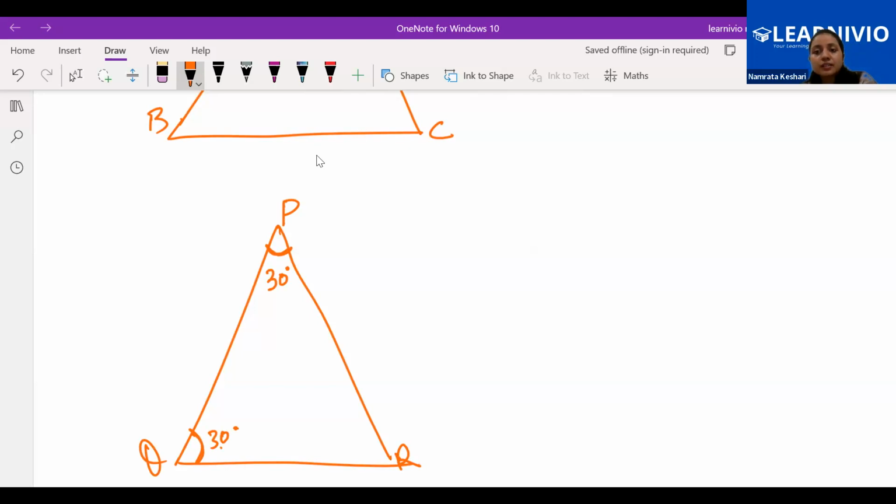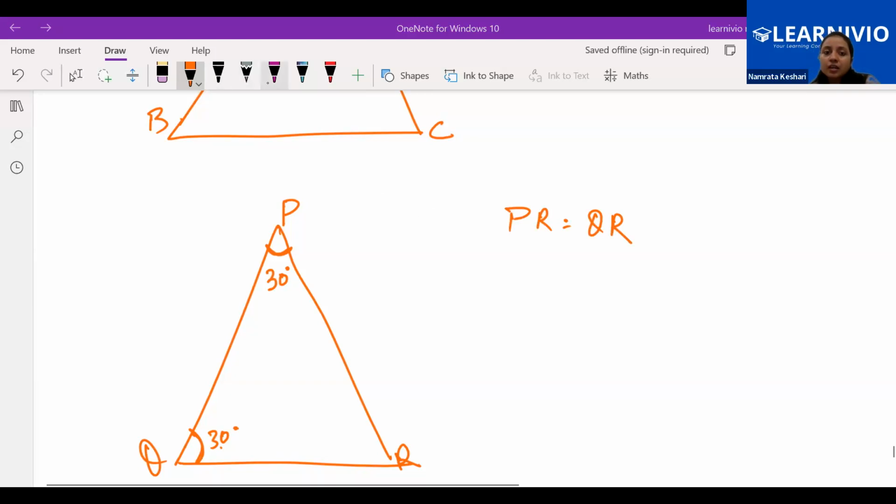If two angles are the same, then two sides will also be the same. Yes or no? Ma'am, PR and QR. We will be checking. Let me ask other students also. Hanan, Sara, Saad, Arhan. PR and QR. Is it PR and QR?